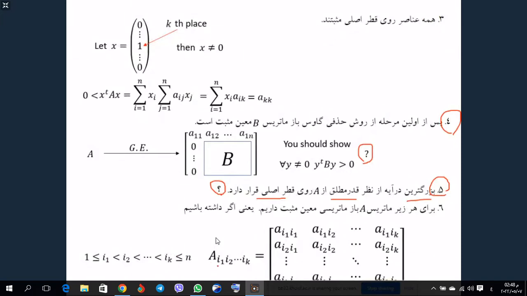If we define the matrix with entries A i1 i1, A i1 i2, up to A i1 ik, A i2 i1, A i2 i2, up to A i2 ik, and so on until A ik ik, these entries of matrix A will be positive definite again.